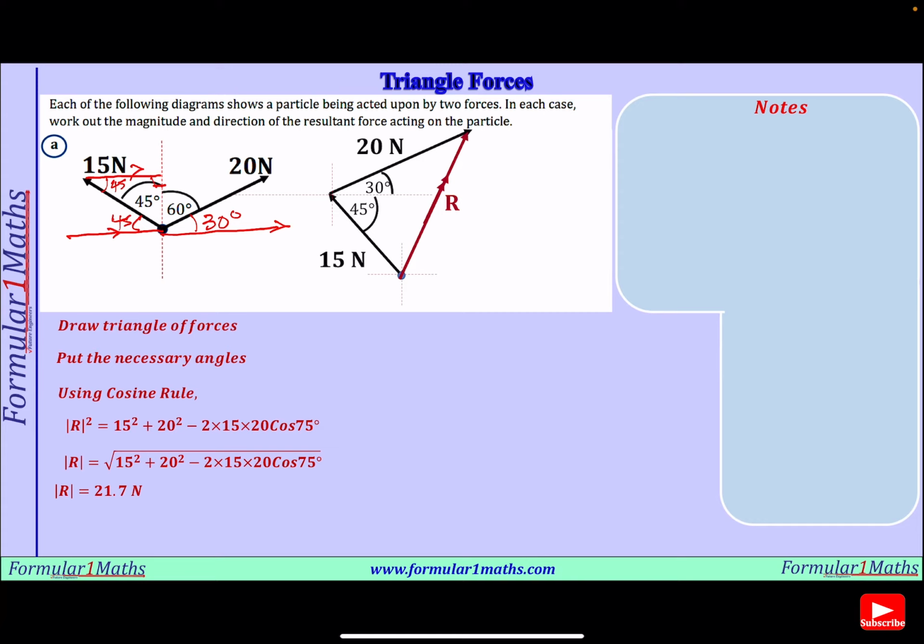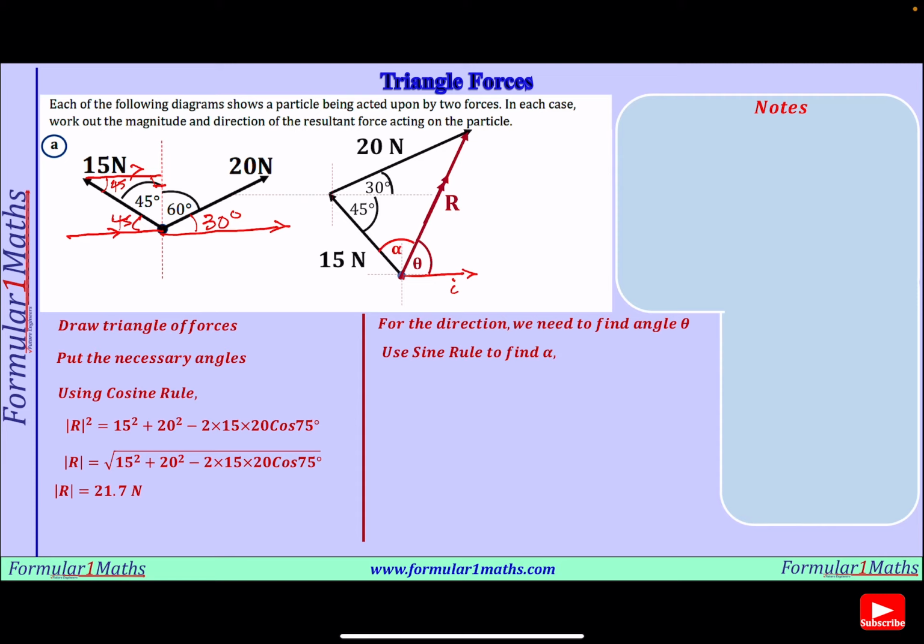For the angle, we need to calculate this angle here so that we can conclude that it's an angle above the x-axis, which is that direction. So this is the I component of the vector. How do you do that? We can find theta by first of all calculating this angle here.